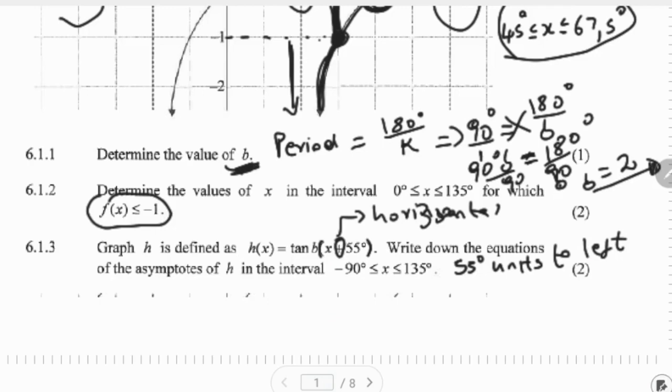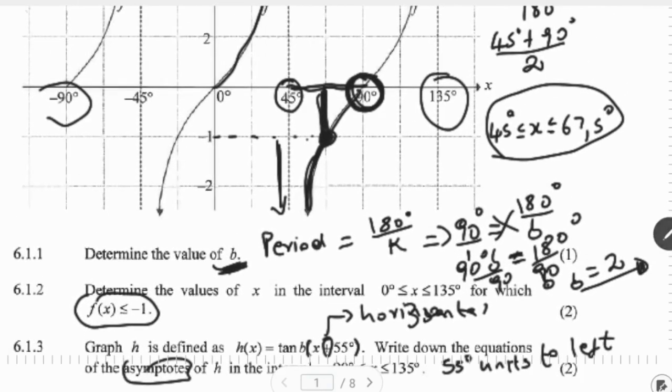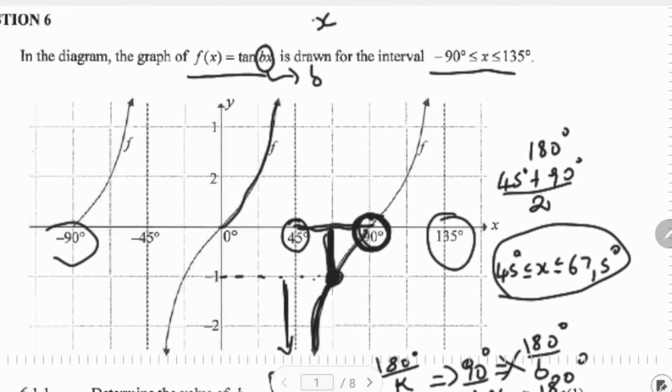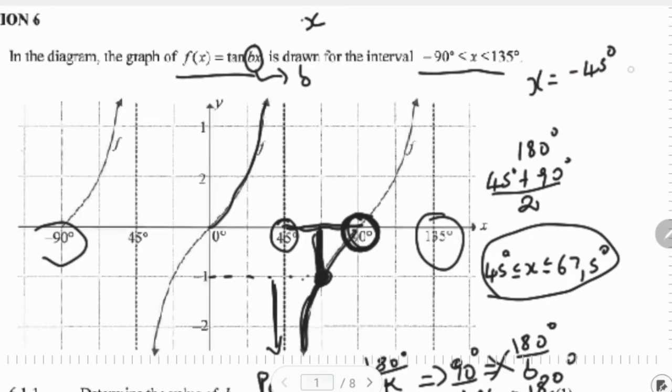So what we can do is get the original asymptotes and then shift them, because the question is asking for the asymptotes. Originally, our graph's asymptotes, the dotted lines there, are at minus 45. So x equals minus 45. And another asymptote, the dotted line, is at 45.